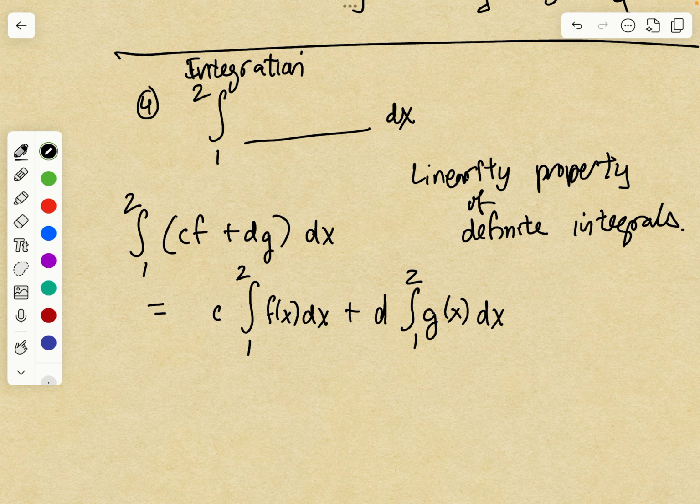So you can also think of this as a linear transformation in some sense. It's taking a function to the definite integral. So it's a linear transformation from one space to the real numbers. The input space, the domain, is not Rn or Rm. It's a space of functions.